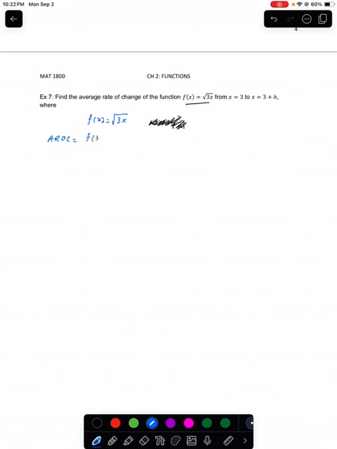f of 3 plus h minus f of 3 divided by 3 plus h minus 3, which will be h. Again, I think it's better to get into the habit of writing your difference quotient in this way. So it will be equal to f of 3 plus h.